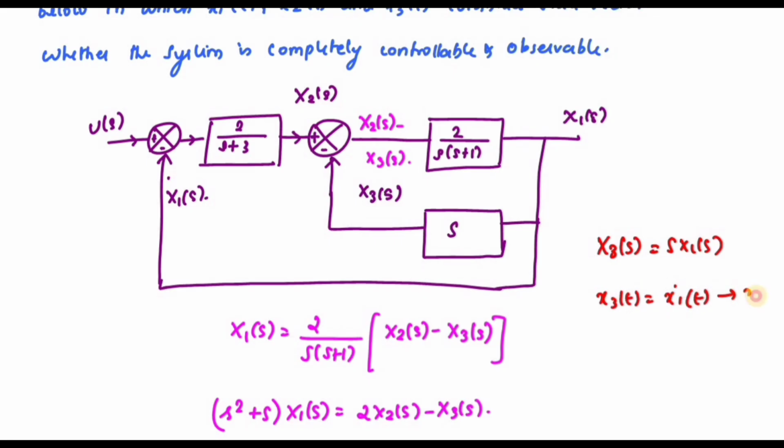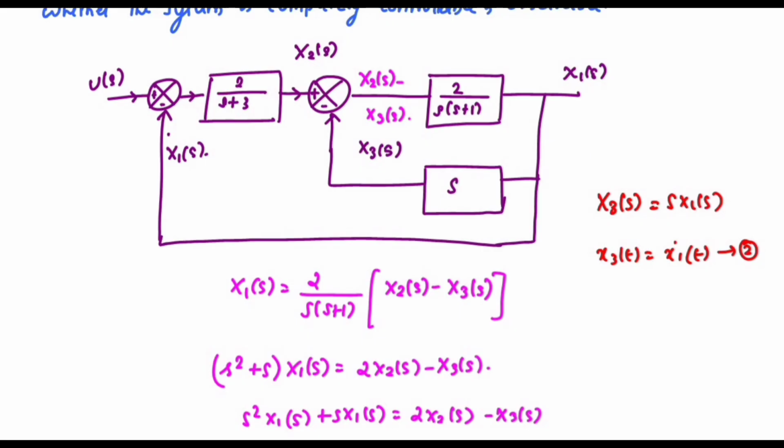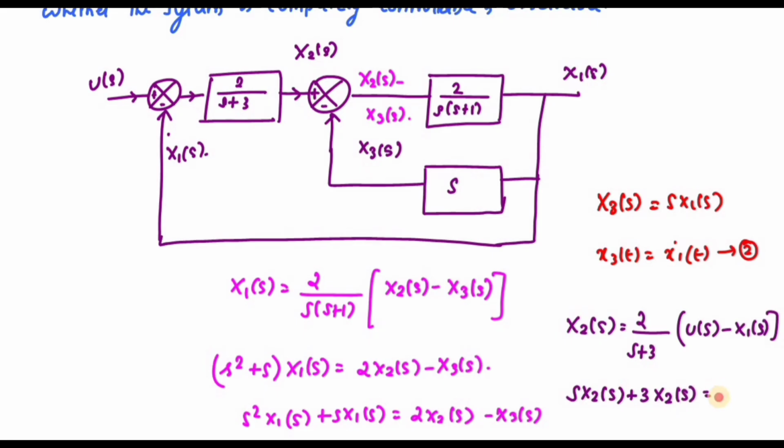From the third block, considering this block alone, I can write X2(s) is equal to 2 divided by s plus 3, into (U(s) minus X1(s)). So s X2(s) plus 3 X2(s) is equal to 2U(s) minus 2X1(s).